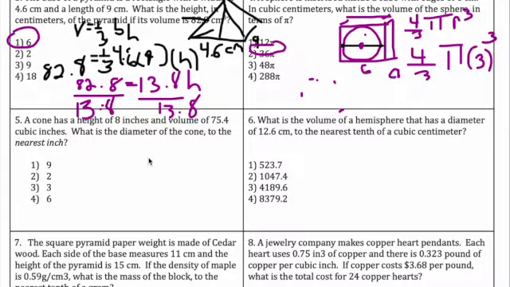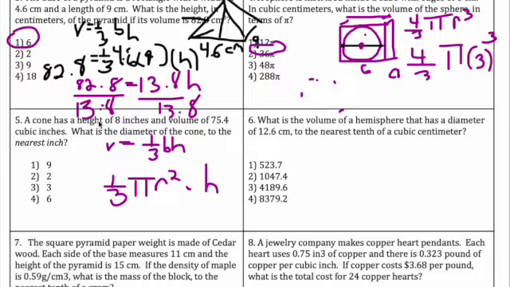What is the diameter of the cone to the nearest inch? So, the formula for the volume of a cone is 1/3 base times height, right? And our base of a cone is a circle, so it's 1/3 pi r squared times the height. Okay, and we see that the height is 8 inches, and they give us the volume.